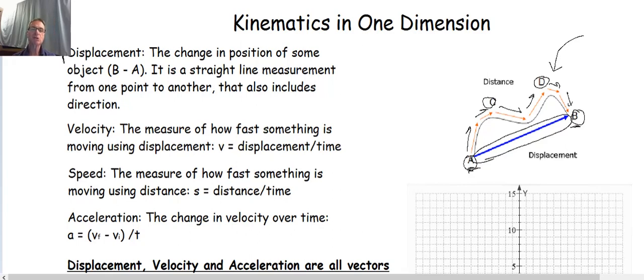Displacement is the change in position of some object, and that object could be a person or a car or a bicycle, whatever it might be. It's a straight line measurement from one point to the other point that also includes direction.